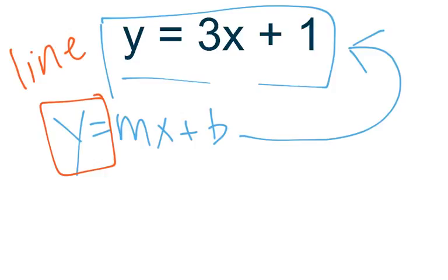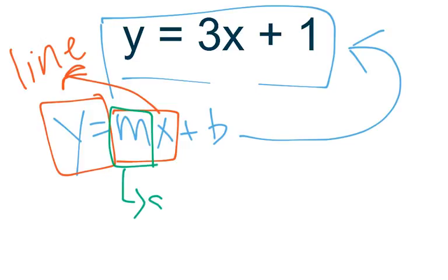Okay, so then we have to think about, what is the value of my mx here? x is just to the power of 1 because it's just a plain old x. So that's also another reason I know that it's going to be graphed into a line. So this m here, this m always will stand for slope. So slope just tells me how fast my line is going to be going up or how slow it's going to be going up or down, depending on if it's a positive or negative number.